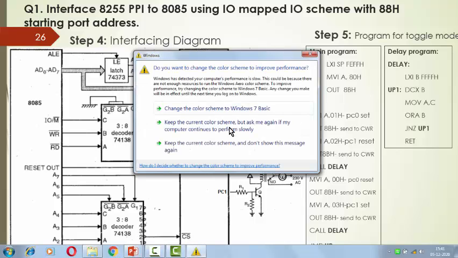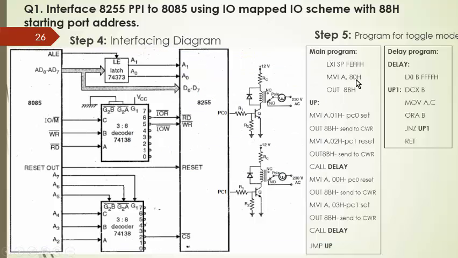This 80 hex means you have to configure all ports of 8255 in output mode. By using the IO command word format, we are going to configure the direction of the ports of 8255.